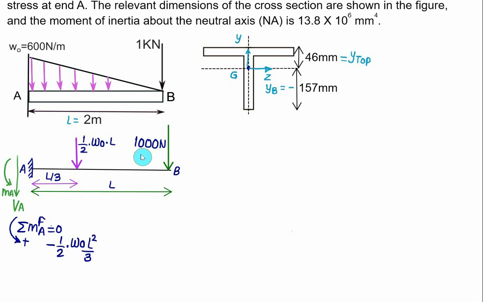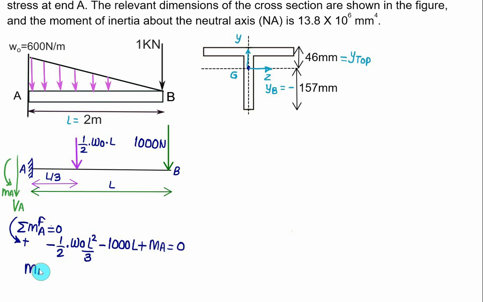Bending moment of 1000 about A is also clockwise, so that will be negative: 1000 multiplied by L. And the value of MA is anti-clockwise, positive, so MA must equal 0.